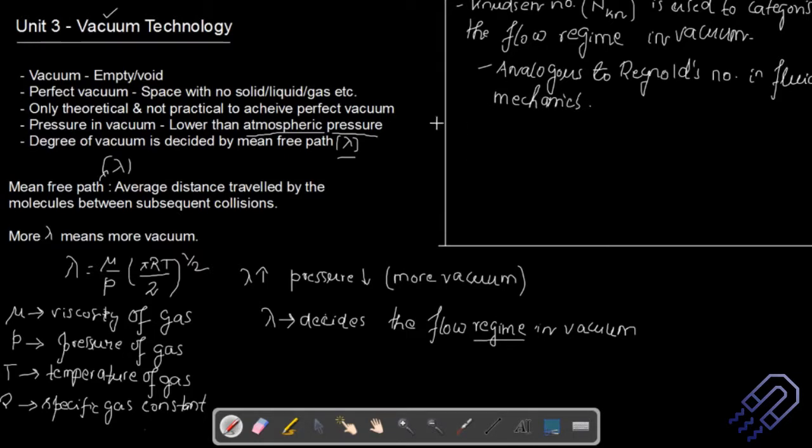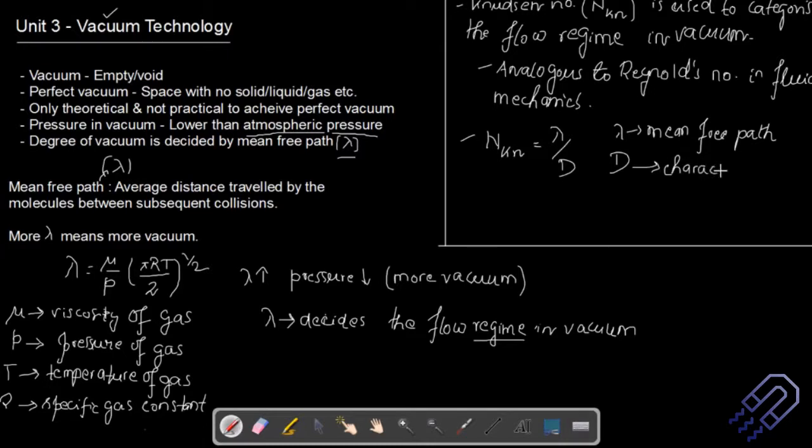Okay, so let me just write down a relation here. What happens is this Knudsen number, let me write it down as Kn. It can be written as lambda divided by D. Lambda is of course the mean free path, and D, which is this capital D that we are talking about, is called the characteristic diameter.